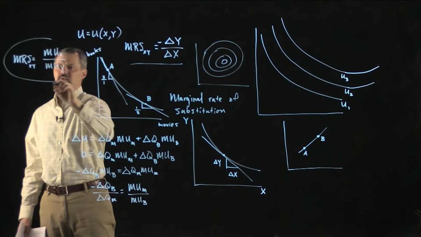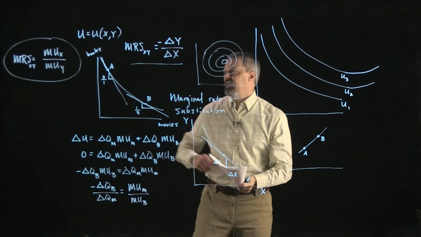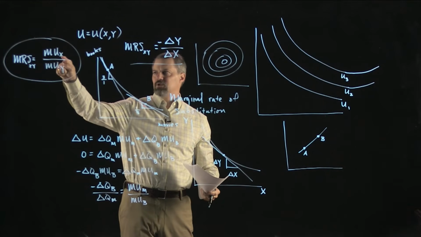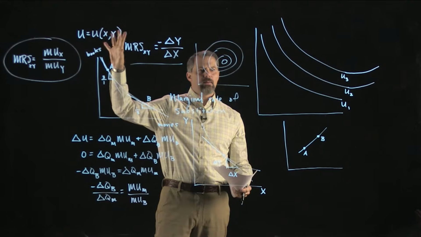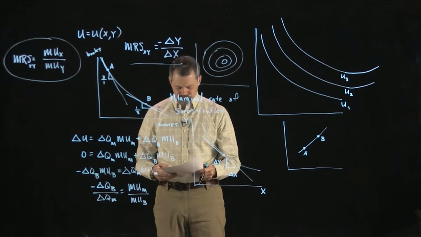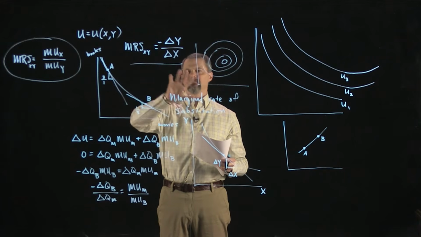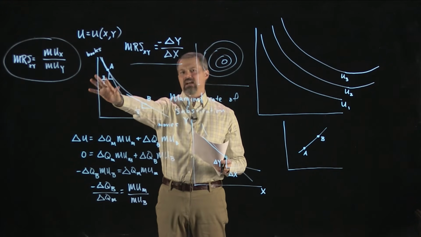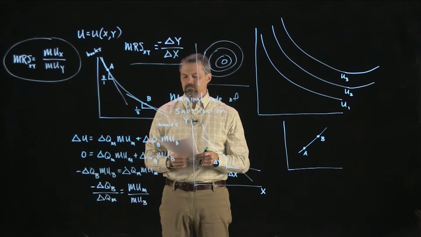Marginal rate of substitution is the ratio of the marginal utilities, and you always put the marginal utility of the good on the horizontal axis on the top in the numerator. Now we're going to come back to that in a future video, and we're going to use that. Actually, it will pop up a couple of different times throughout the class.